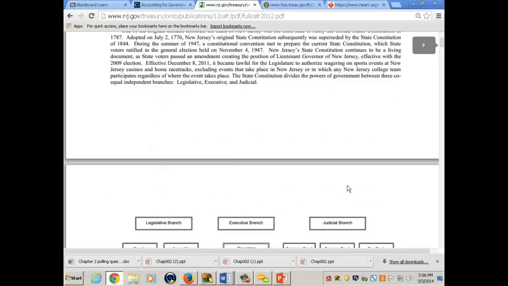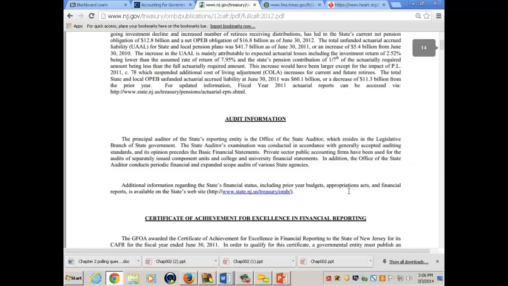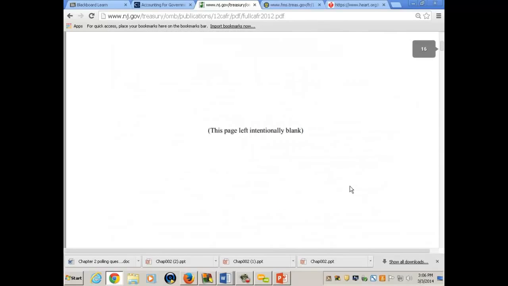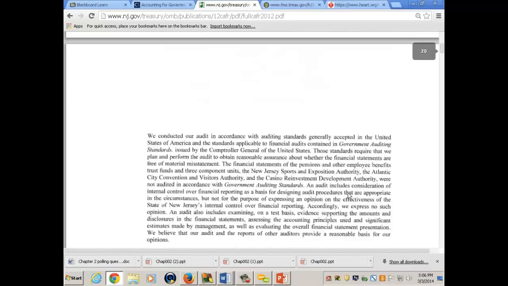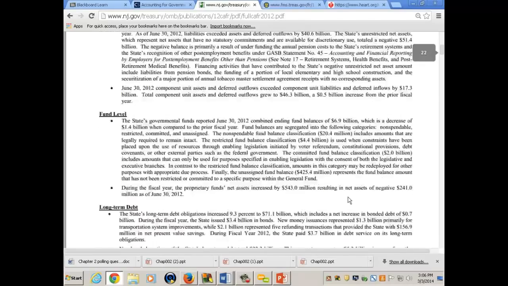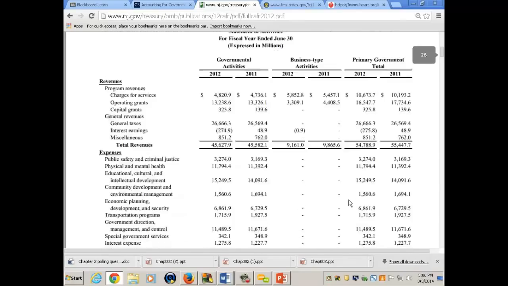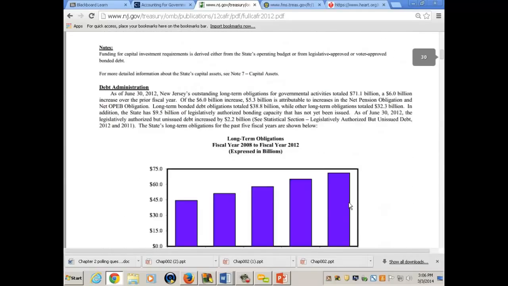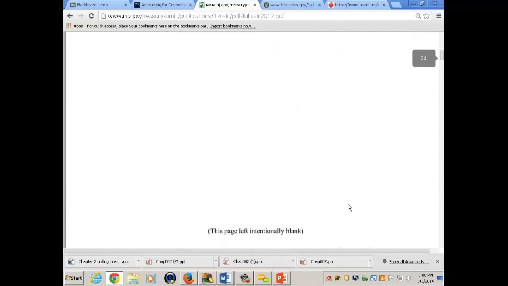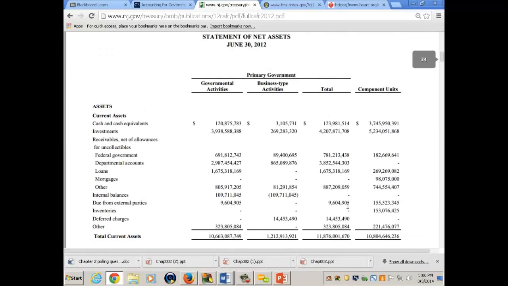There is the audit opinion, introduction, and actually this is what you'll be looking at this week, MD&A. Okay, here we go. These are our statements. Statement of net assets for New Jersey.